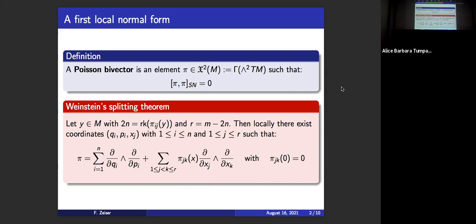That gives rise to a non-degenerate Poisson bivector structure which comes locally from a symplectic form, and then a Poisson bivector on the transverse part, which vanishes at the origin. So in order to obtain a local normal form, one can focus on Poisson structures which vanish at the point.